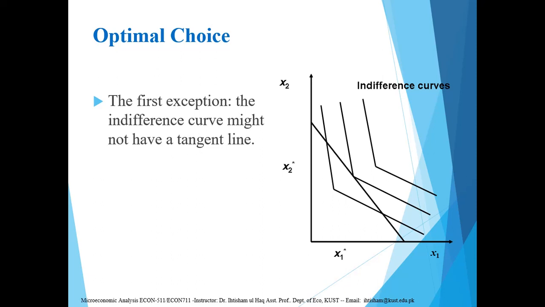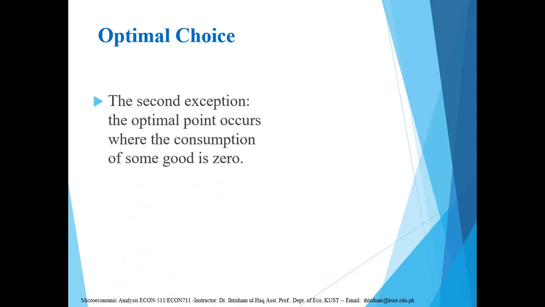So at this point of optimal choice, the indifference curve is not tangent to the budget line. Similarly, we may have another case where the consumption of some good is zero, meaning that the optimal choice is taking place at the boundary on either axis.